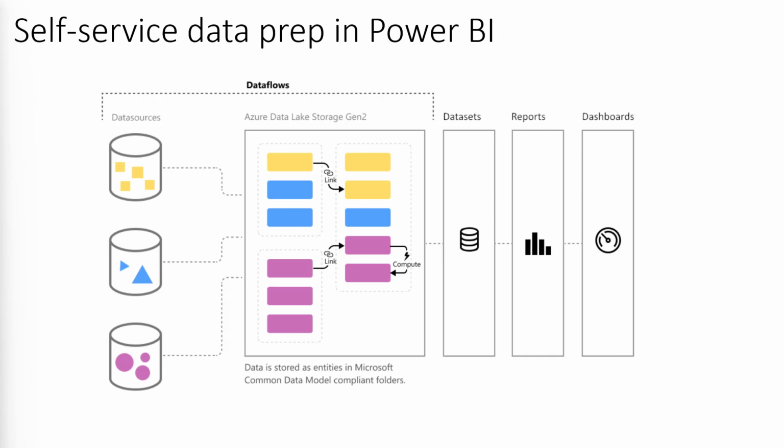Power BI introduced data flow to help organizations unify data from disparate sources and prepare it for modeling. Data flows are used to ingest, transform, integrate, and enrich big data by defining data sources, connections, ETL logic, refresh schedules, and more.